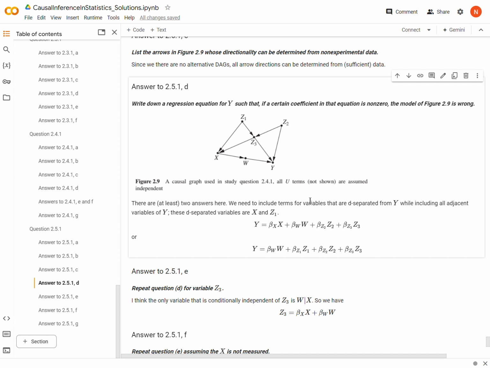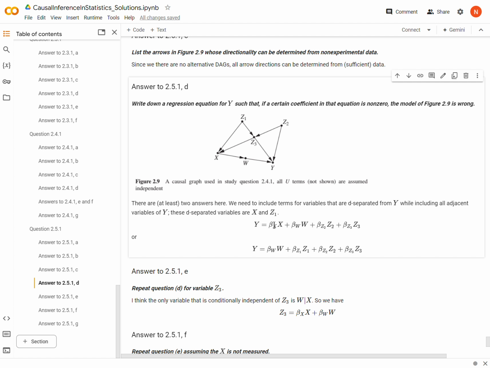Okay, so I can put that into my regression equation. I can have beta x times x, beta w times w, and so on for these other variables here. Okay, and if the DAG is correct, then this beta x term should be 0, right? Because x is independent of y given w and z3.